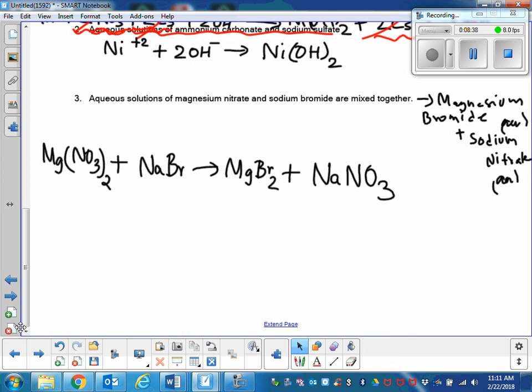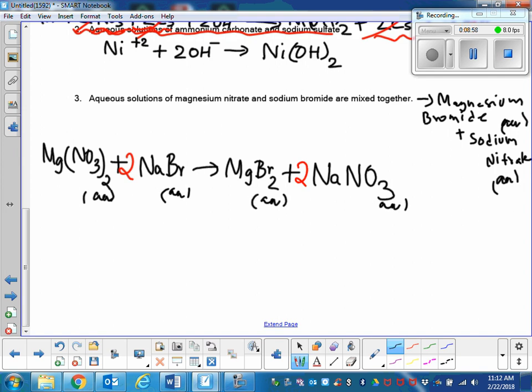Now I need to balance the equation, so I need a 2 there, and I need a 2 there, and my equation is balanced. Is that correct? The state symbol for all of them is aqueous. Everything is aqueous. So there is no reaction. That is correct.